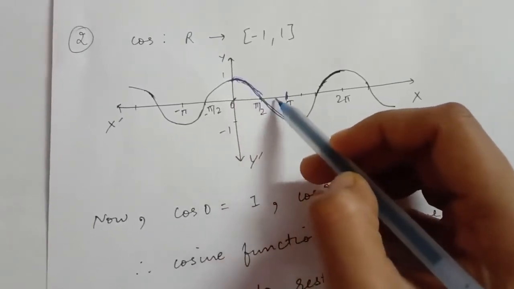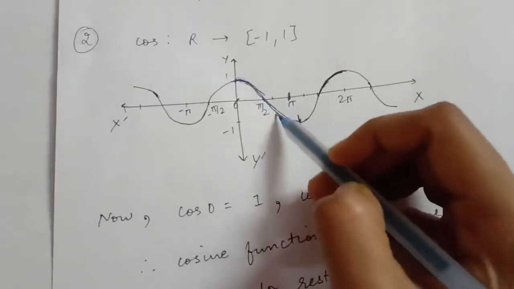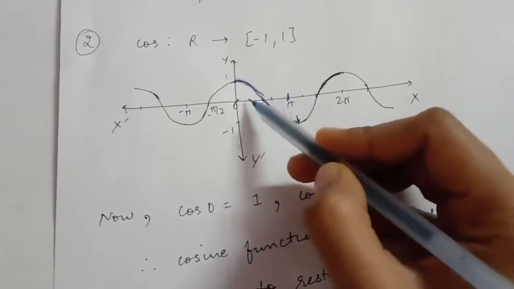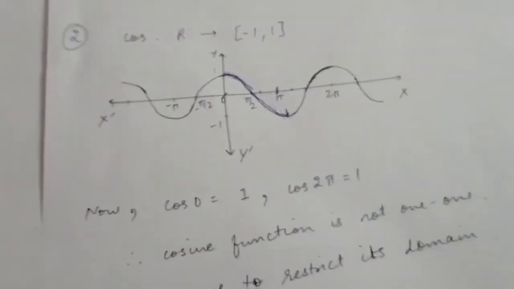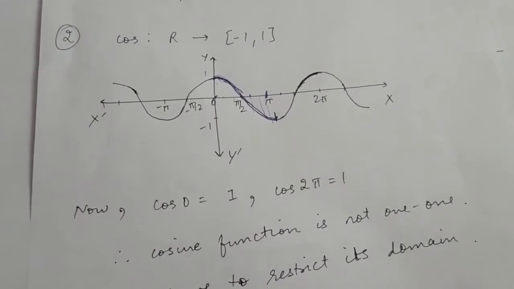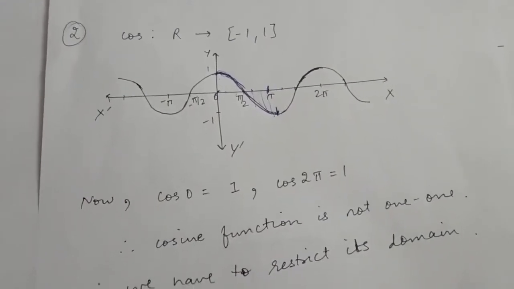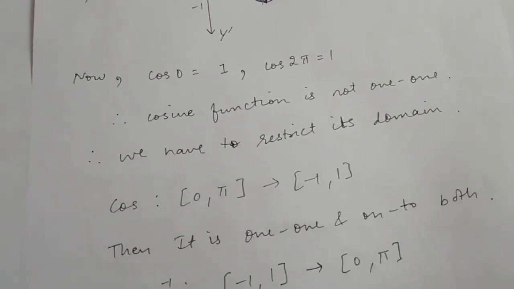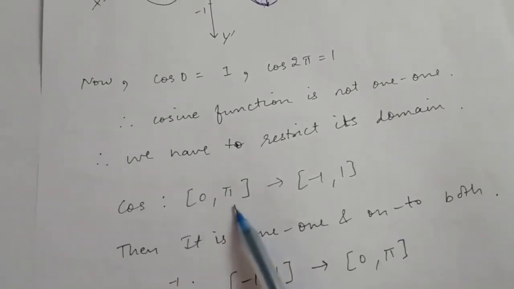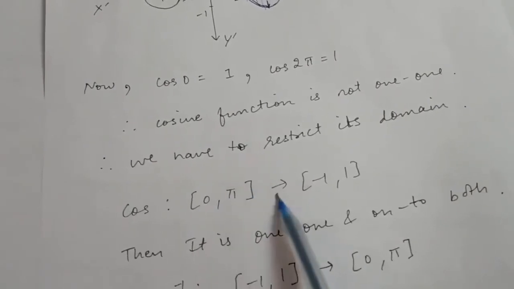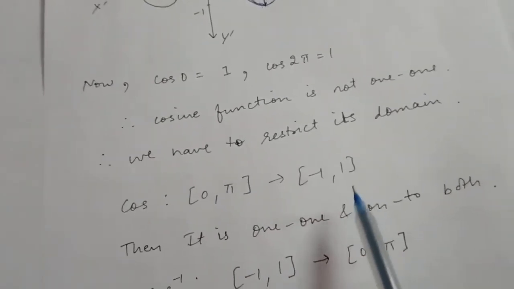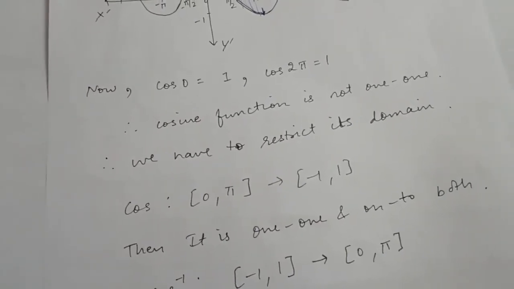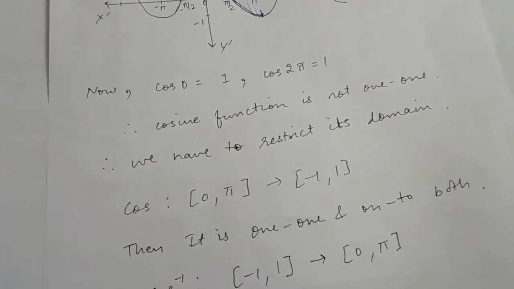Also at different values of x we will get different values of cos, right? So if I take this as the domain, then my function cos will be 1-1 and onto also, right? Therefore we will take the function of cos from 0 to pi as the domain, and the range will be from -1 to 1. Now in this case it is 1-1 and onto. So because it is bijective, now the inverse will exist.